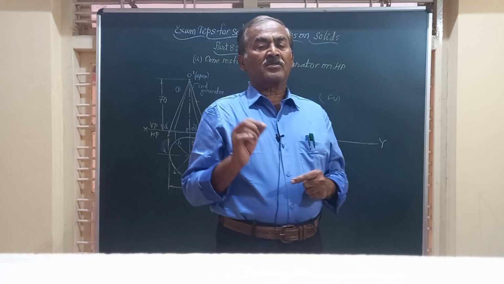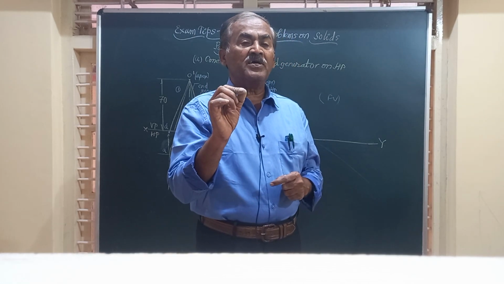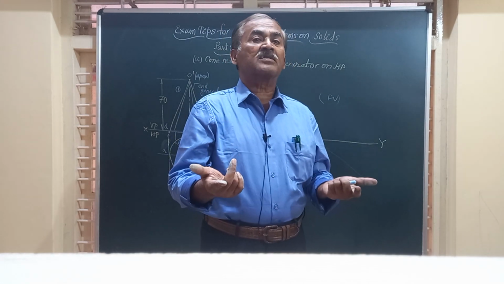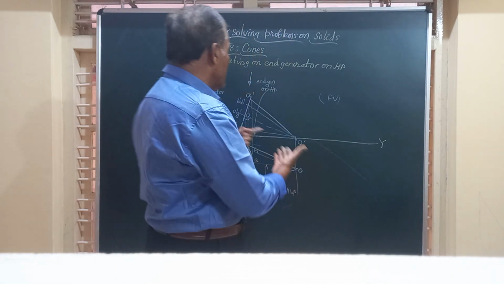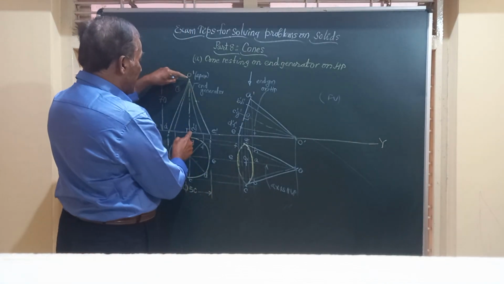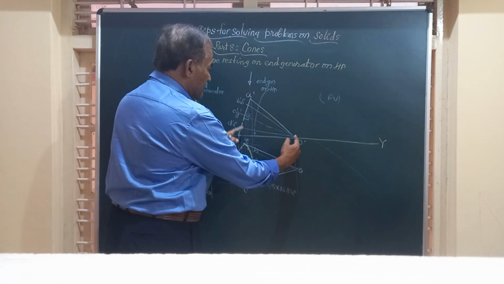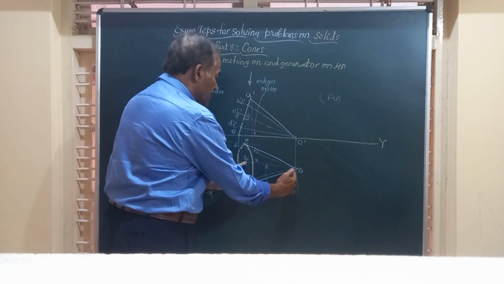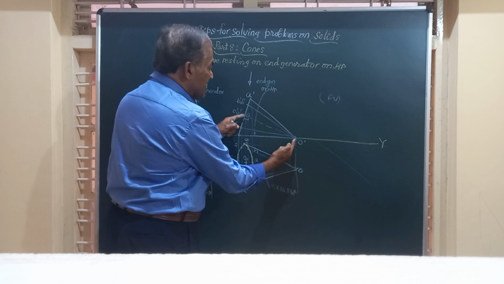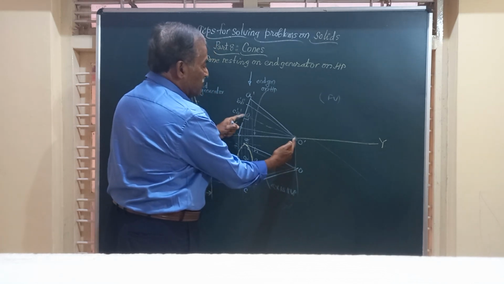But if you are given a question wherein the top view of the axis is inclined to VP, friends, if you observe this figure, the original axis length was 70, even this is 70, but here because of the inclination, this O1 is lesser than this O dash O1 dash.